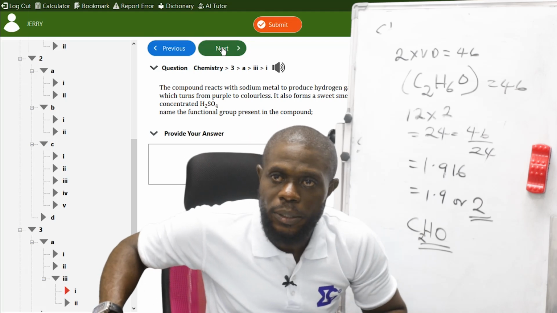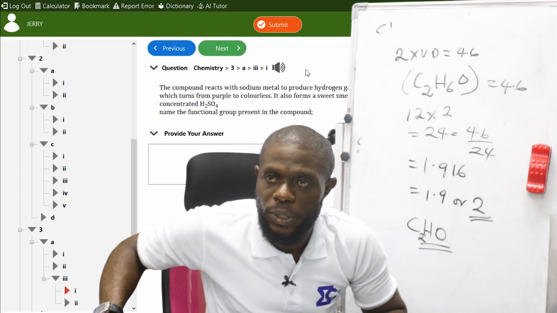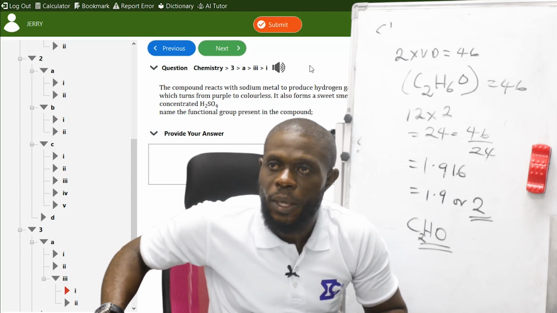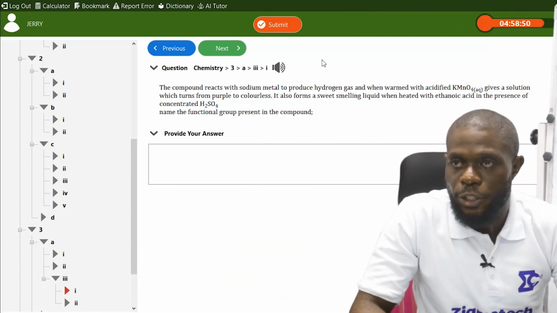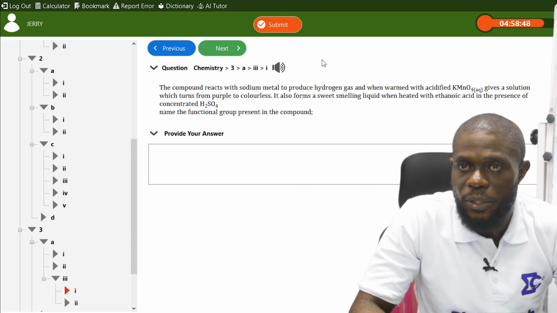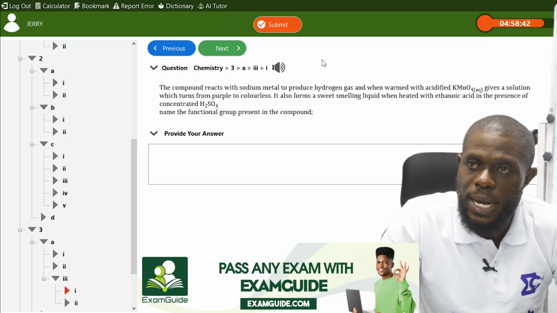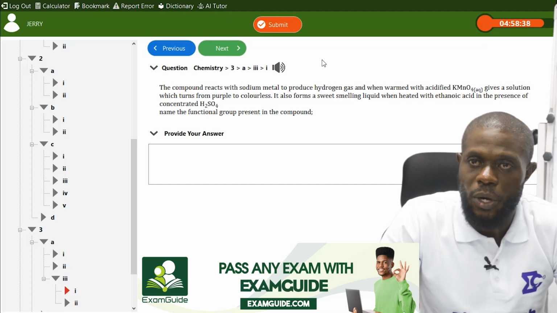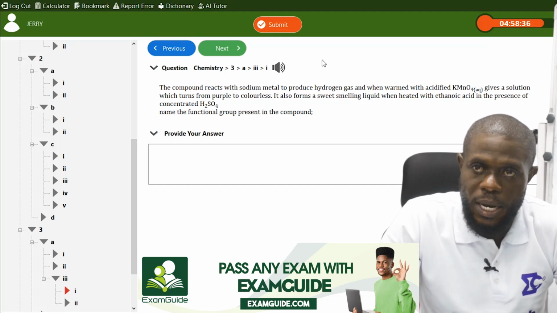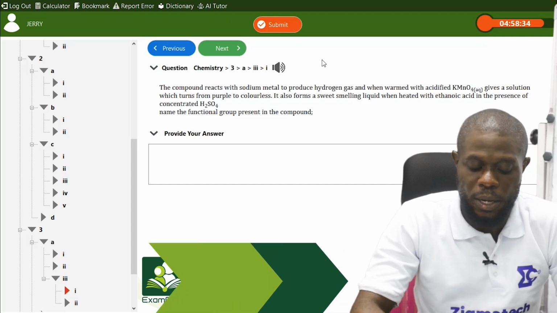A compound reacts with sodium metal to produce hydrogen gas, and when warmed with acidified potassium permanganate, gives a solution which turns from purple to colorless. It also forms a sweet-smelling liquid when heated with ethanoic acid in the presence of concentrated sulfuric acid. Name the functional group present in the compound.